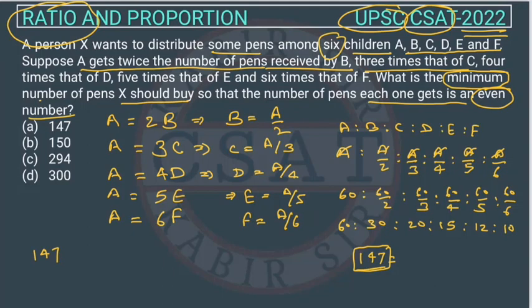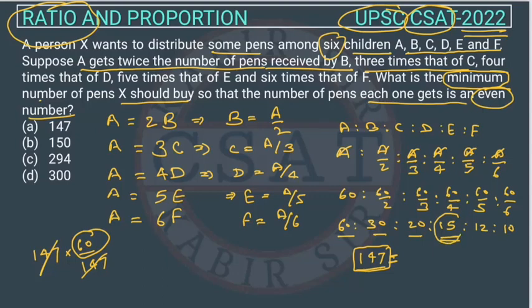So the number of pens A will get will be equal to 60 by 147, the total of the ratio, right? So the number of pens will be 60 if we are assuming 147, right? B will get 30, C will get 20 and D will get 15.